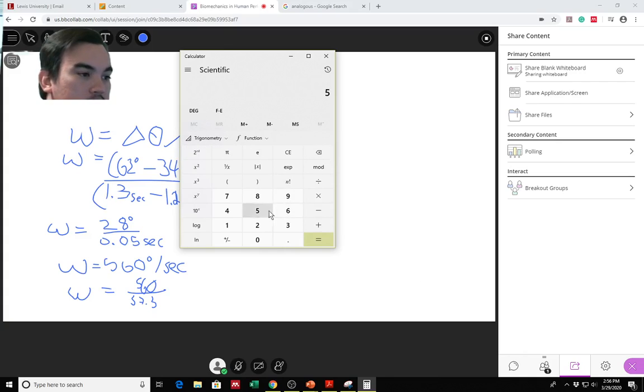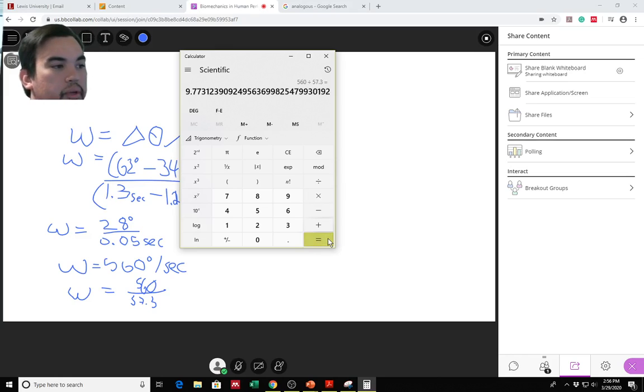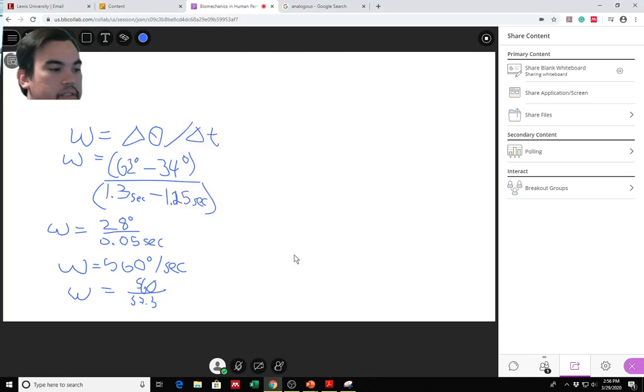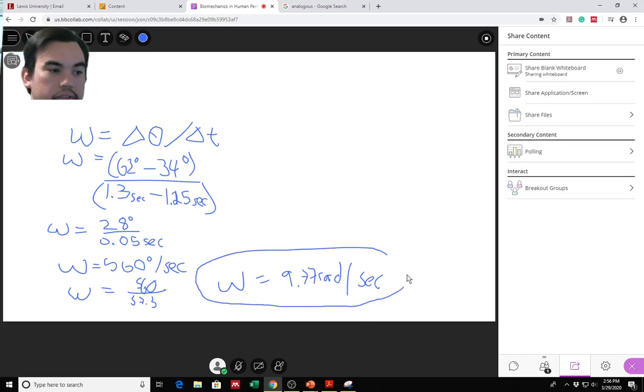Let's look. 560 divided by 57.3, and that would be 9.77 radians. So I would be going omega equals 9.77 radians per second. Okay, so that would be my final answer there.